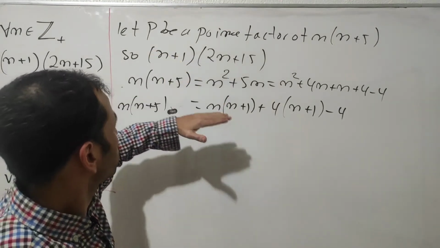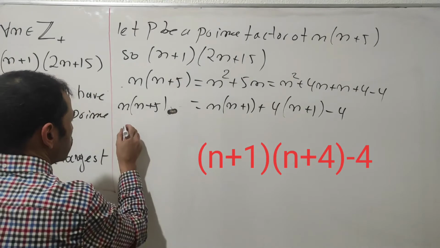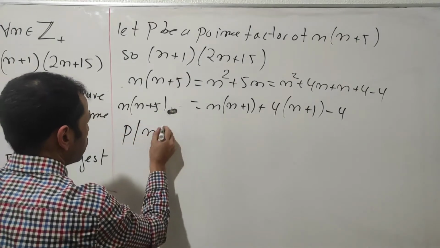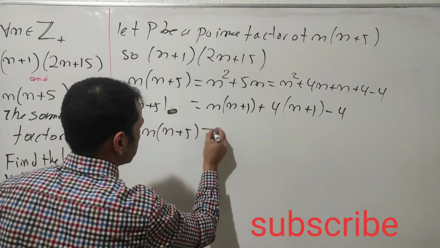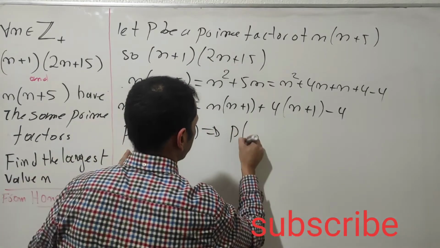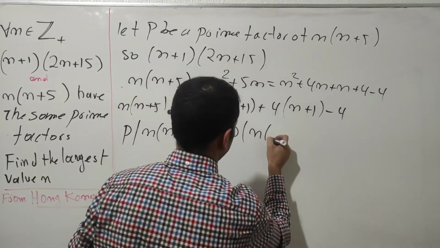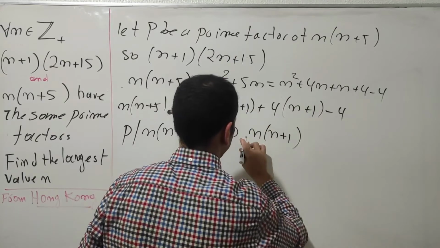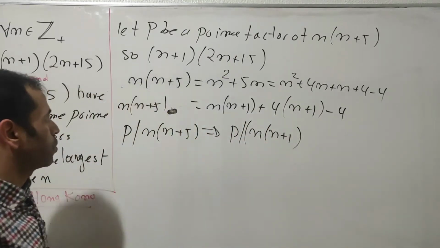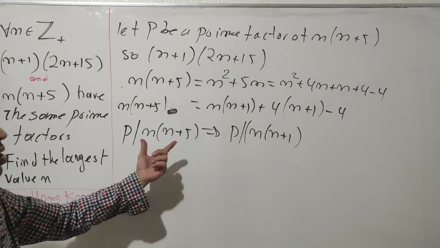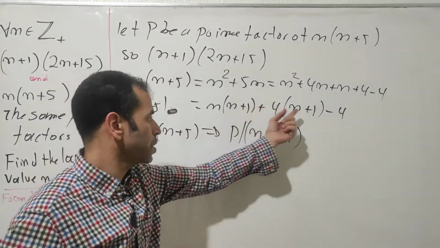Since p divides this one, p divides n times (n plus 5). This implies p also divides n plus 1. Why? Because p divides the left hand side of this equation, p must divide the right hand side.